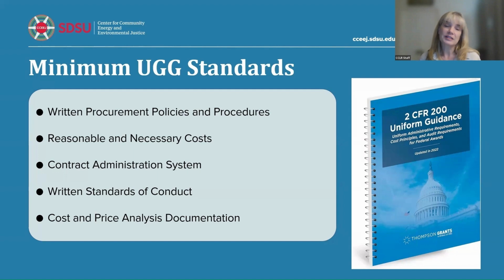And also there needs to be cost and price analysis documentation, kind of like that example I gave you for the payloader. Does it have to be a dissertation? No, it needs to be written, and have an analysis, like your reasoning.